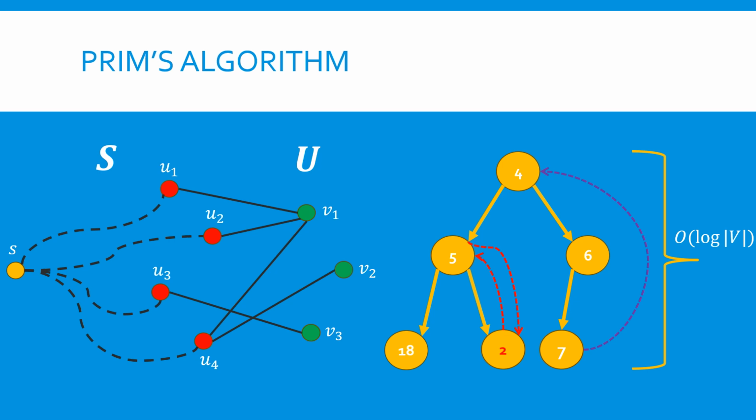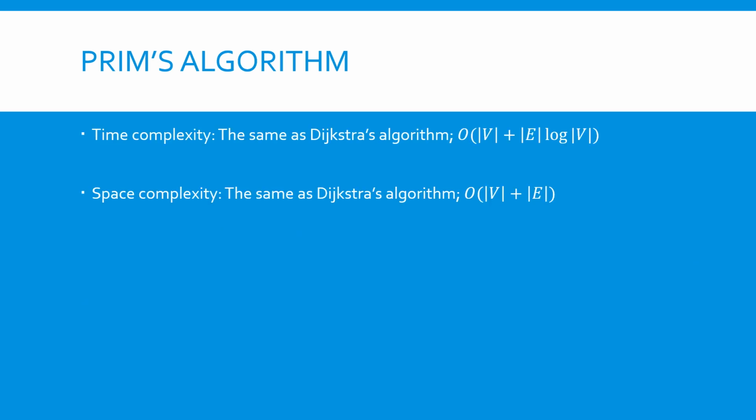We can still use the heap data structure for this step in Prim's algorithm. The heap data structure allows us to find the minimum in O(log n) time, where n is the number of elements in the heap. Due to the similarity with Dijkstra's algorithm, Prim's algorithm shares the same time and space complexity.